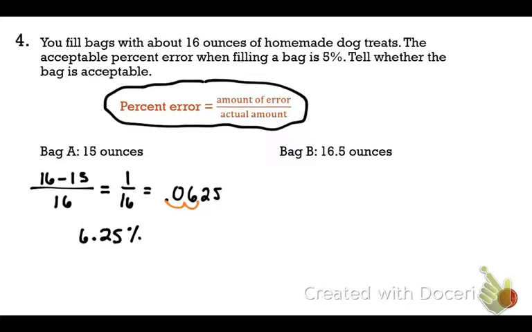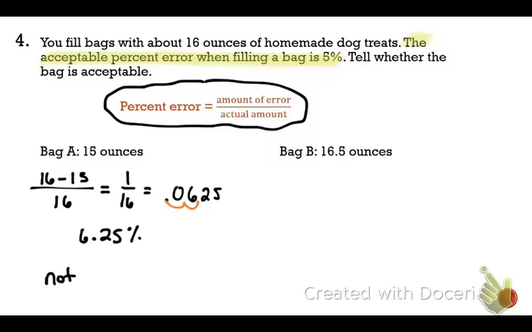No. Why is this not acceptable? This is what it says. The acceptable percent error when filling a bag is 5%. What percent did we get? 6.25%. That is above 5%, which means that is not acceptable.